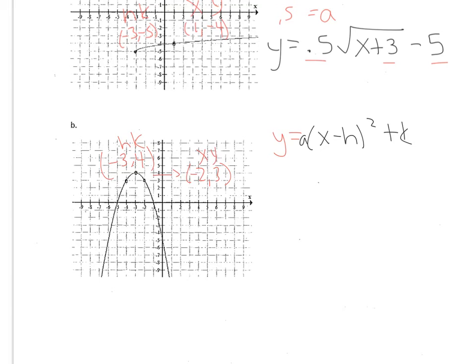You substitute it in, so it's 3 equals a parentheses negative 3 minus negative 2 squared plus 4. I get that my a value is negative 1, and then I rewrite it. y equals negative 1, parentheses x plus 2 plus 4.